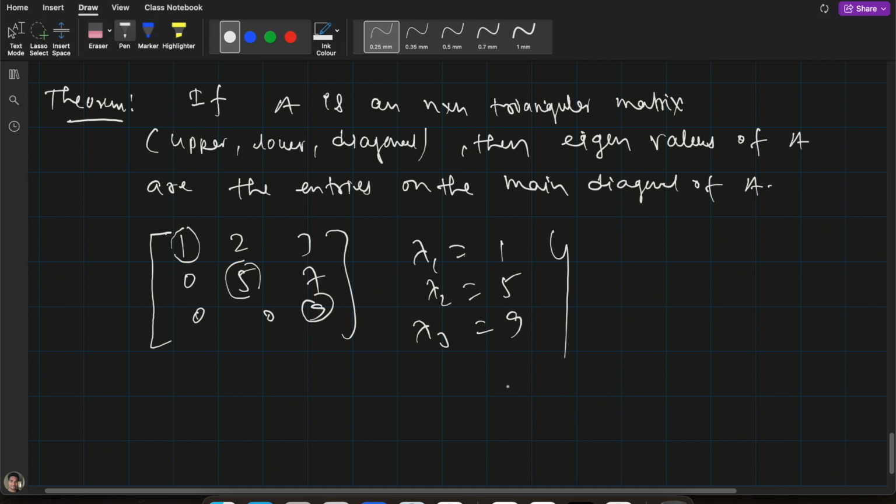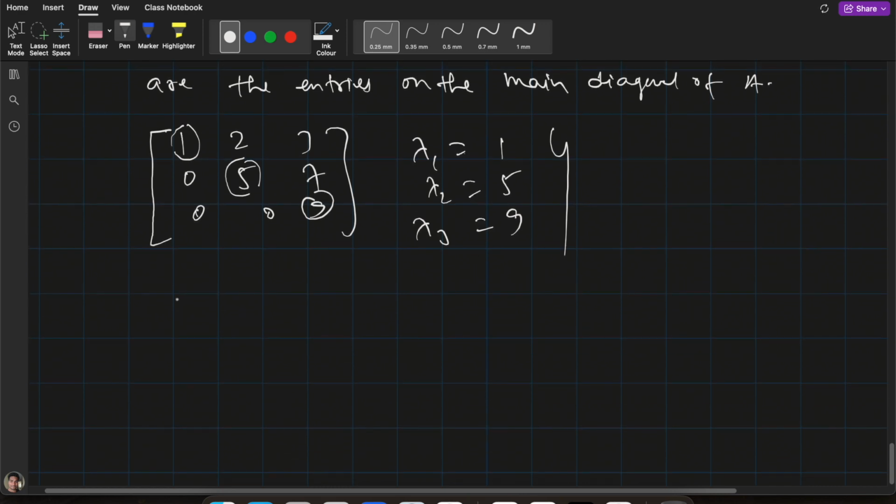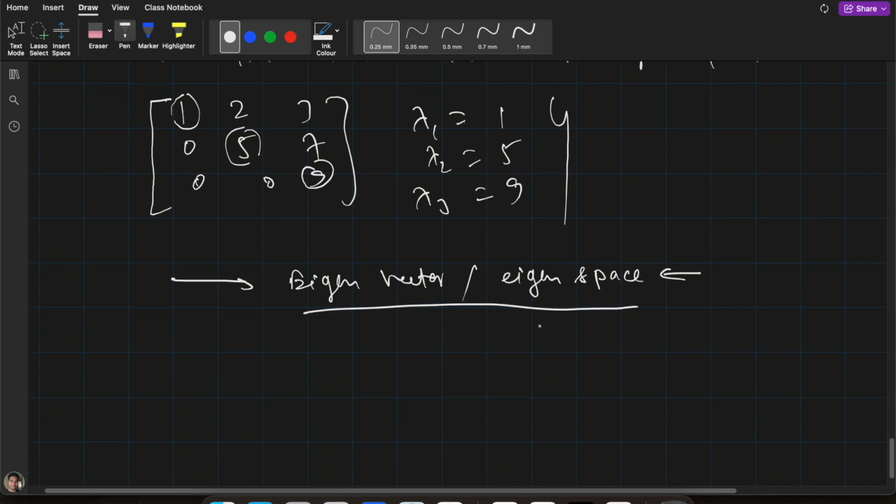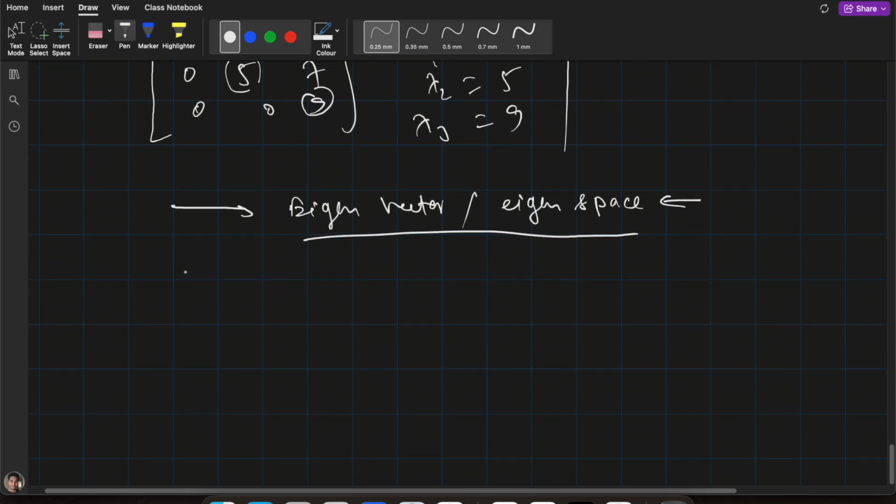No, sir. Okay, now let's move to the eigenvectors and eigenspace. Both are the same, don't confuse them. So who is using it?